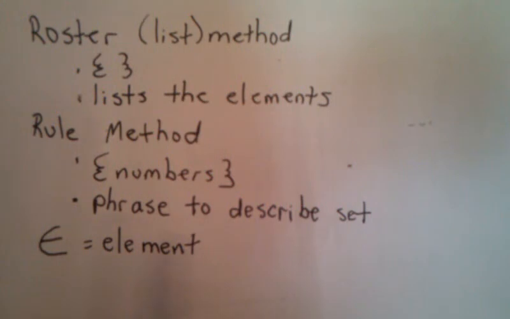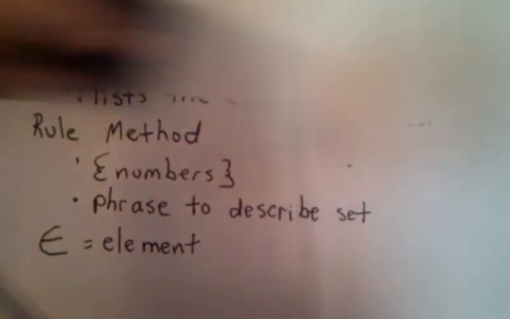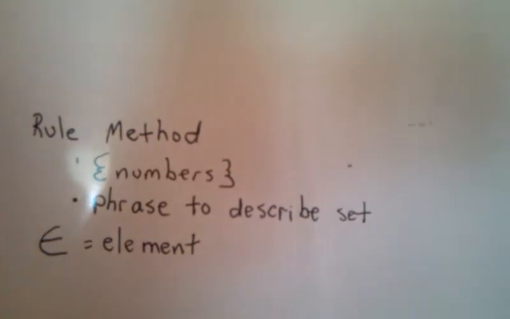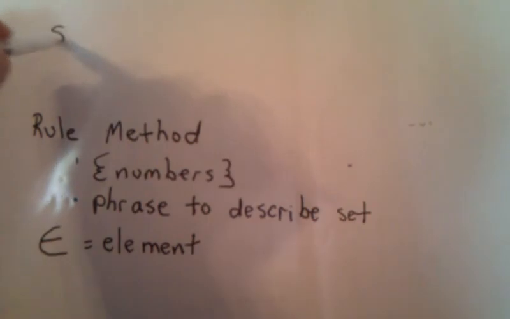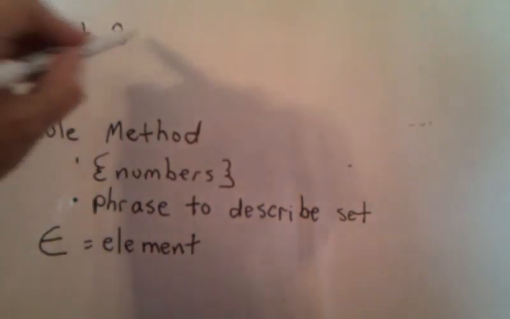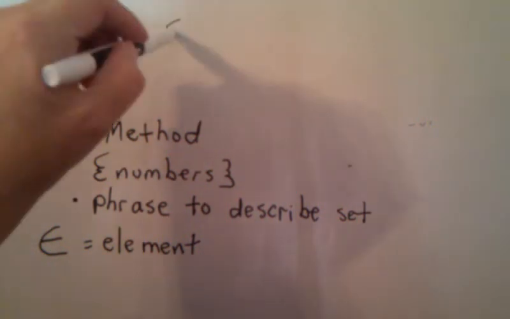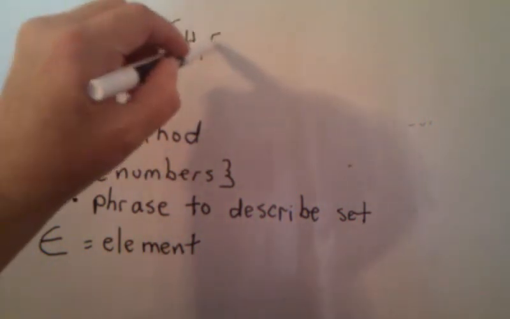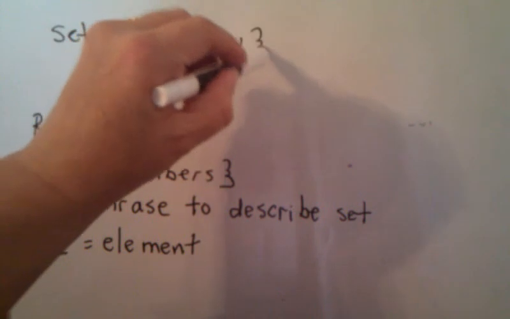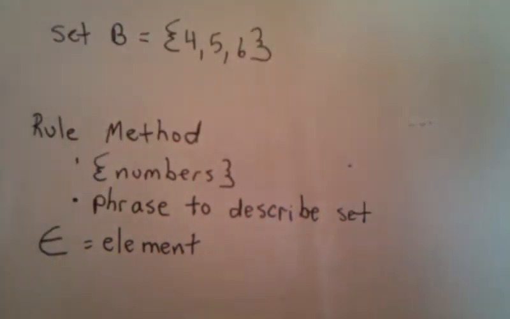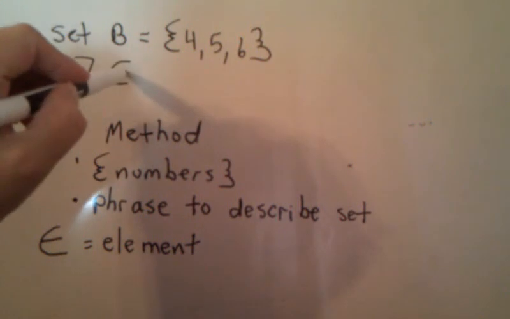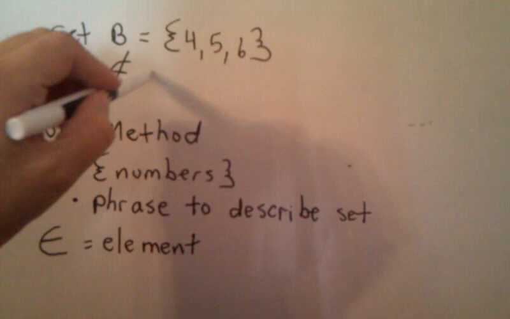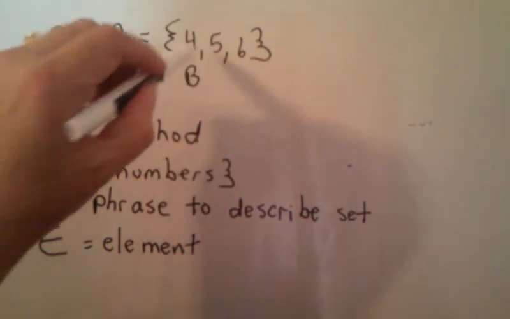Some of our symbols for sets: E means element. So if I say that set B equals 4, 5, and 6, I can say that 7 is not an element of B. There's no 7 there.